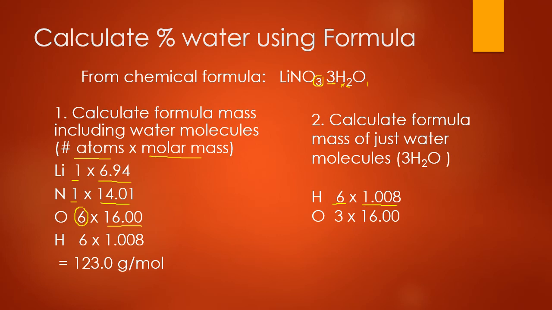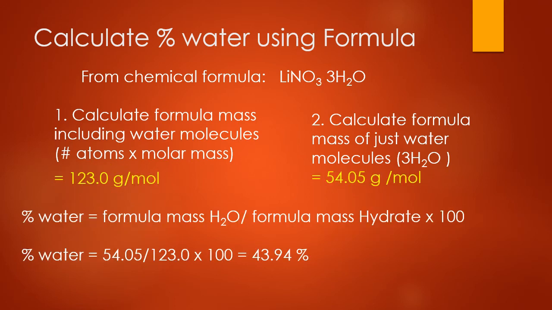Multiplying that by the molar mass of water, there are just 3 oxygens, because there's only one oxygen per water molecule and a total of 3 water molecules, multiplying that by 16 to get a total of 54.05 grams per mole.